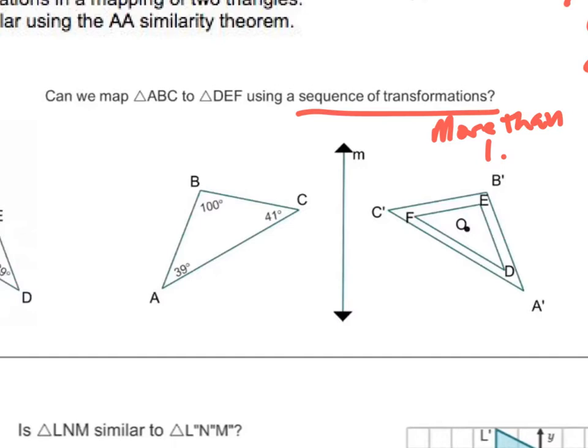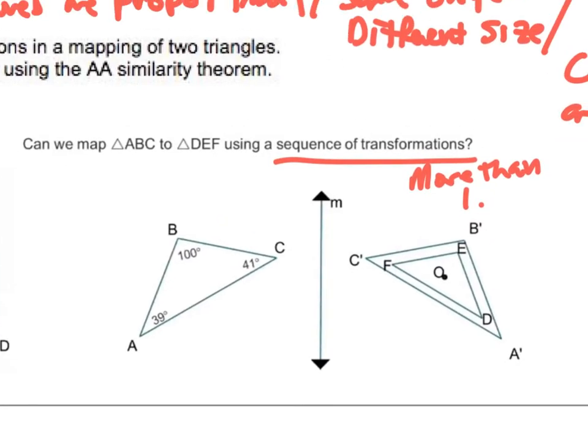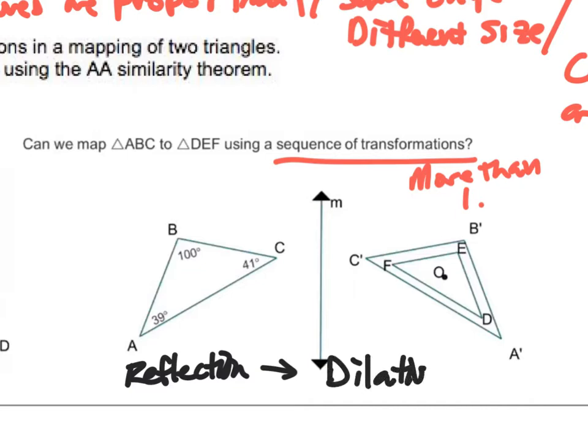But if you look at this, what you notice maybe was that if you took ABC, it looked like it was mirrored over some line M. Okay, so you have a reflection, and then you have a dilation about point O, and that makes FED just a little bit smaller than C prime, B prime, and A prime. So you have a reflection and then a dilation to get there, okay?